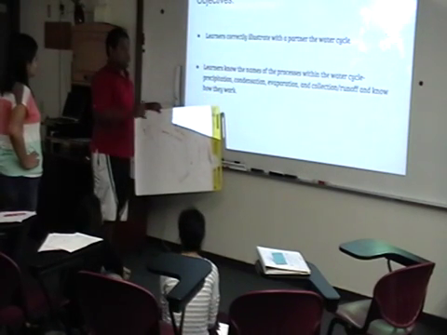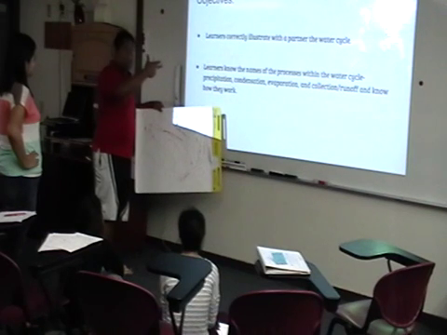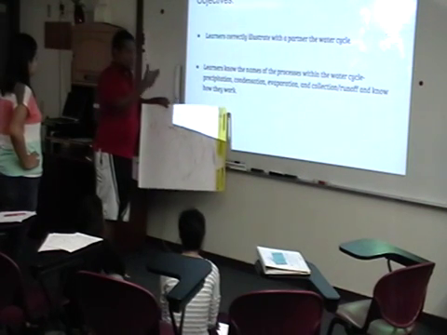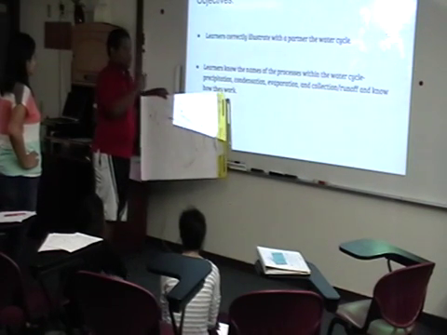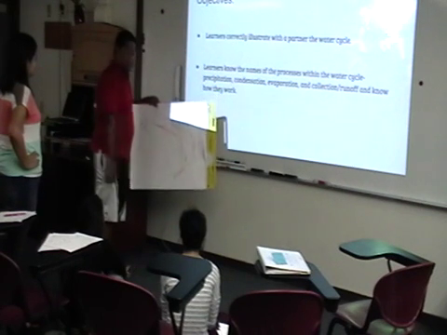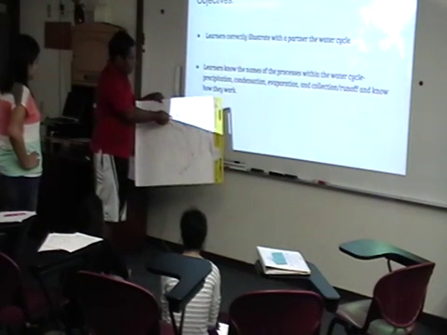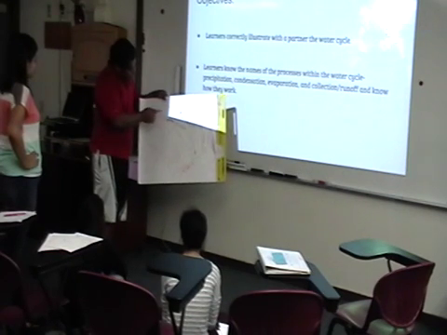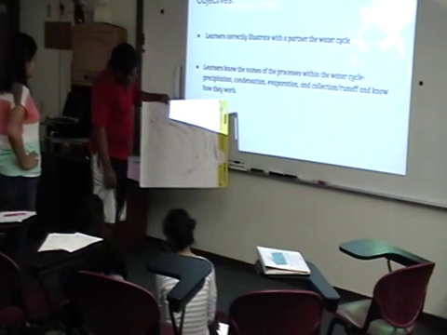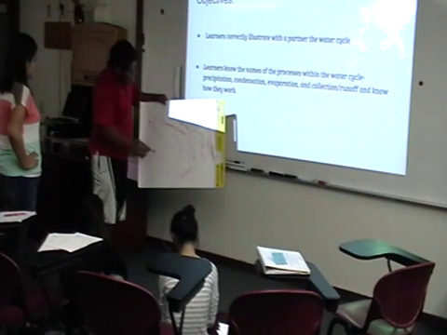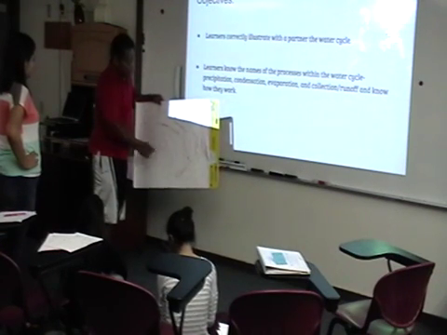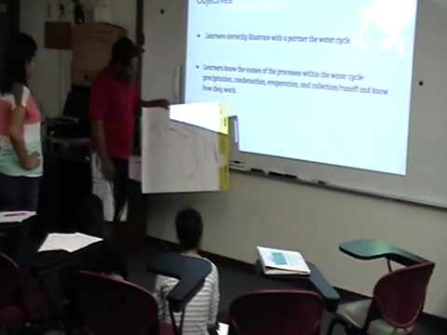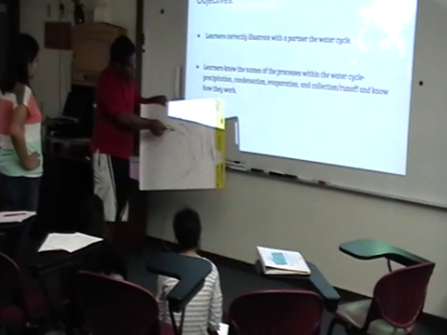And so when the steam sticks together in the cloud, forming a big group, that's called condensation. When it's too heavy, it goes down as precipitation.